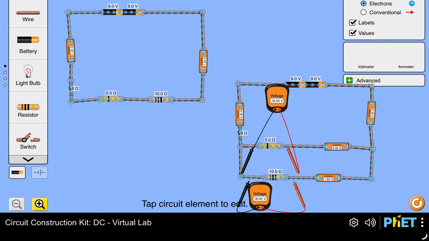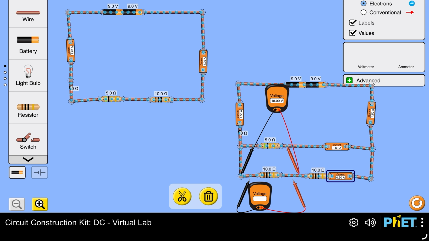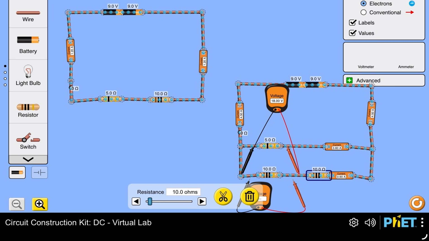With the connection that you have there, we can cut it up here and then add another resistor right here. Let's move it like this. Can we reduce the resistance?